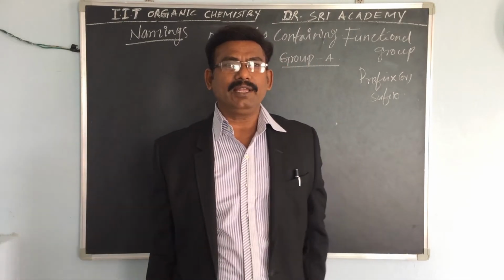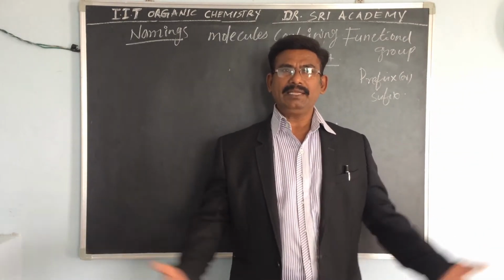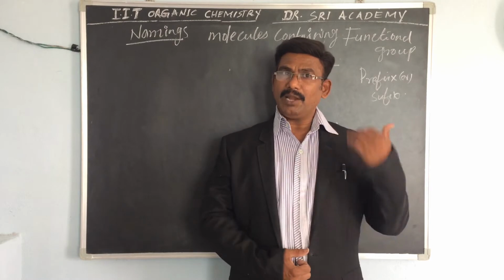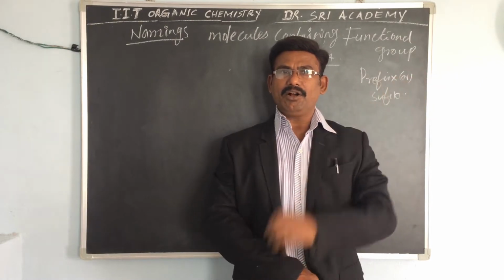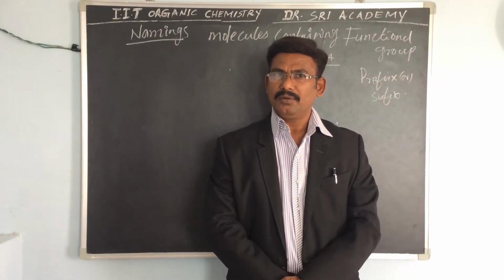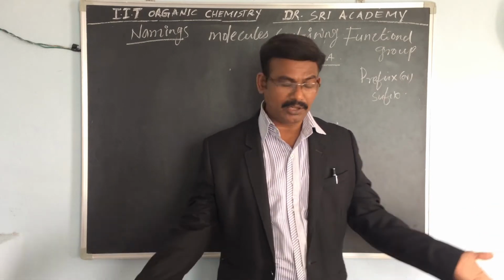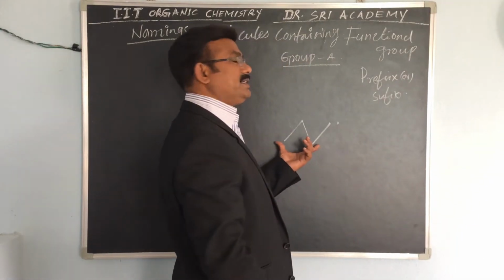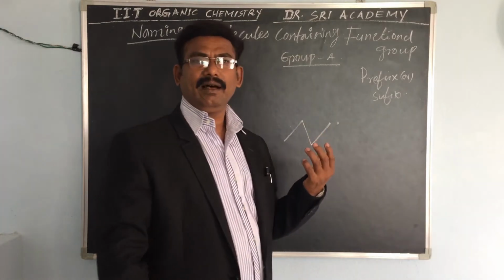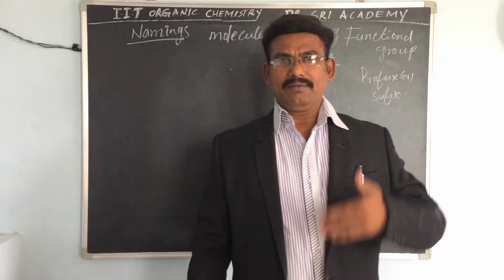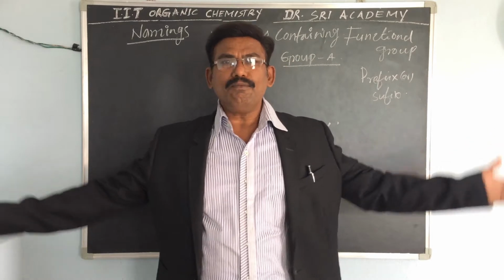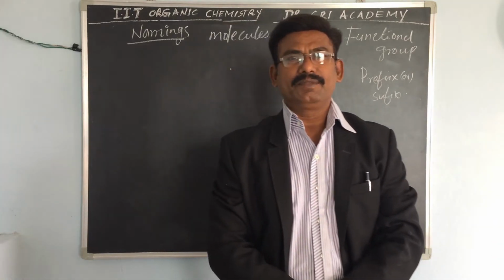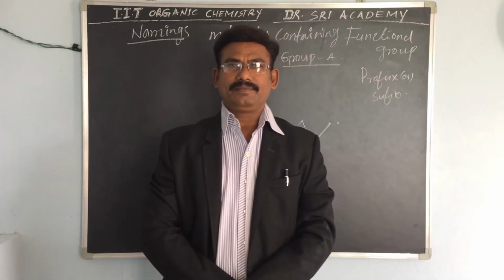Please listen carefully. In naming organic compounds, a molecule may contain one or more functional groups. For example, this is the molecule. It contains 2 or 3 functional groups. If there are more functional groups, how can you give the name?